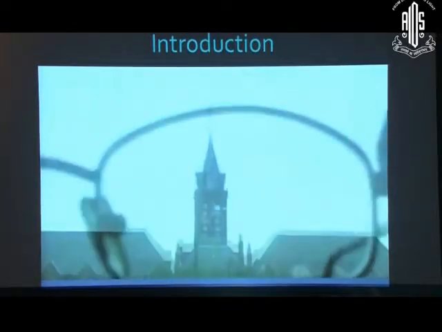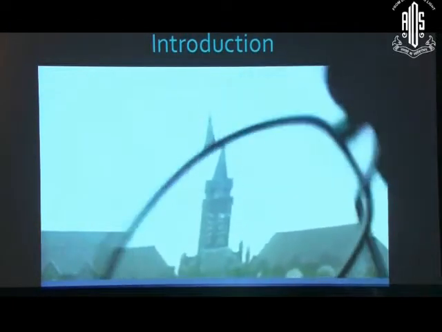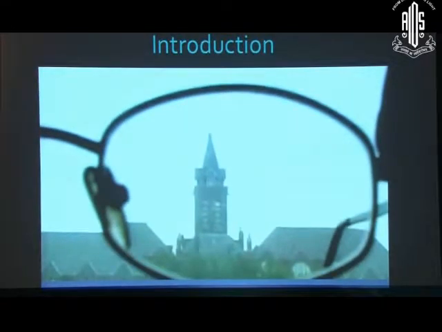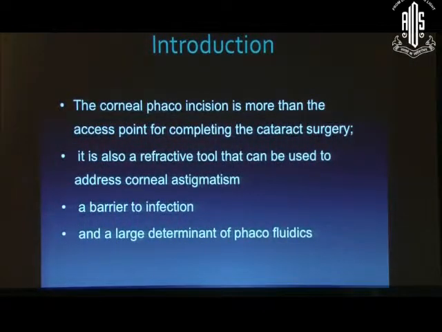So if you have a wound which is too central and too wide, you are going to end up with post-op refractive errors and an astigmatism. It not only acts as a barrier against infections, but also is a large determinant of your phacofluidics. So a poorly constructed wound is going to lead to bad phacofluidics and shallow chamber and complications thereon.